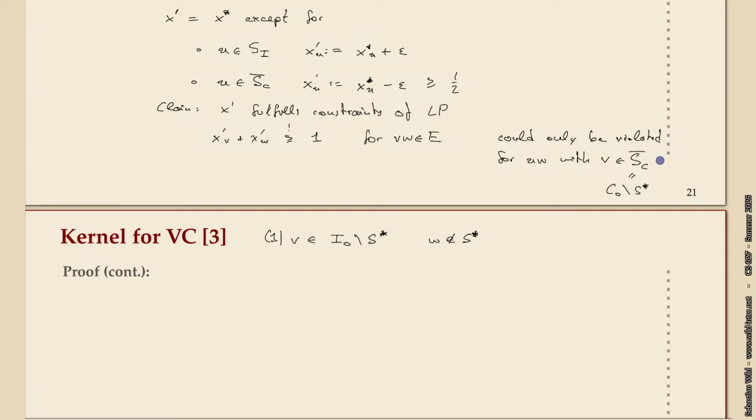And so we distinguish cases where this vertex could be. And suppose it was in this I0 without S star. But then we don't have this in S star. Why do we also not have the other endpoint in S star?